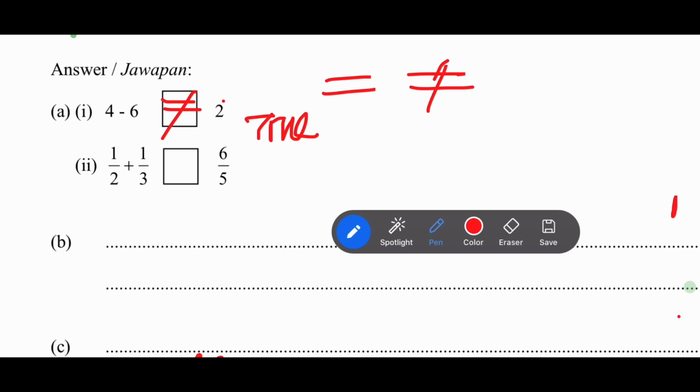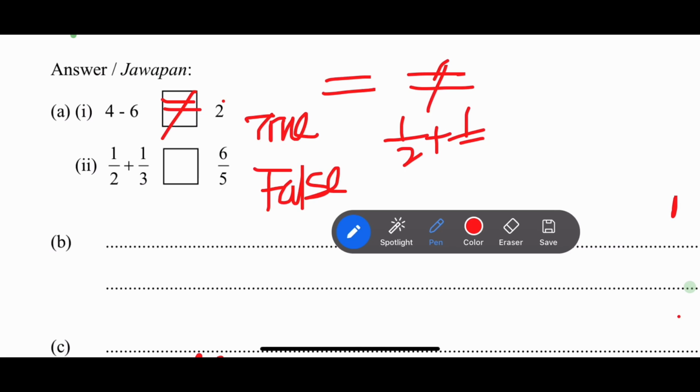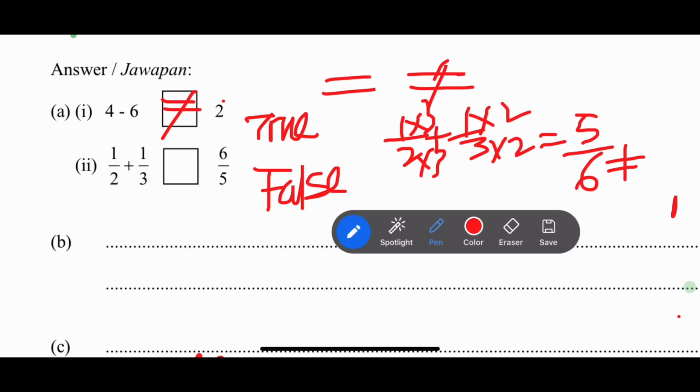For this one, they instruct you to make it a false statement. So how to make it a false statement? Is 1 over 2 plus 1 over 3 equal to 6 over 5? We need to make it false. 1 over 2 plus 1 over 3, if you simplify, you will get 5 over 6, and it is not 6 over 5.